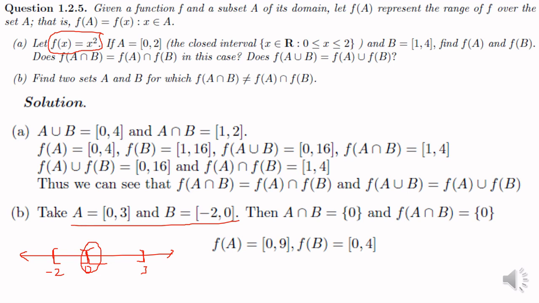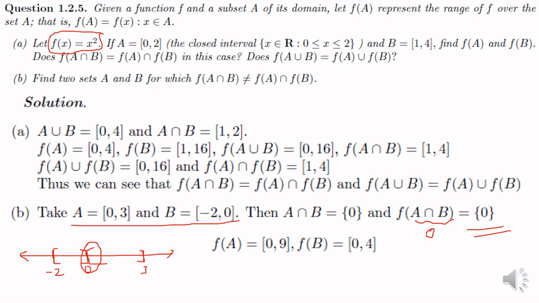And f of A intersection B, that means f of 0. So as f of x is x square, f of 0 will be 0 square, so it is again 0. So f of A intersection B is the singleton 0, so f of 0 will be again 0. So you'll get f of A intersection B equal to the set 0.